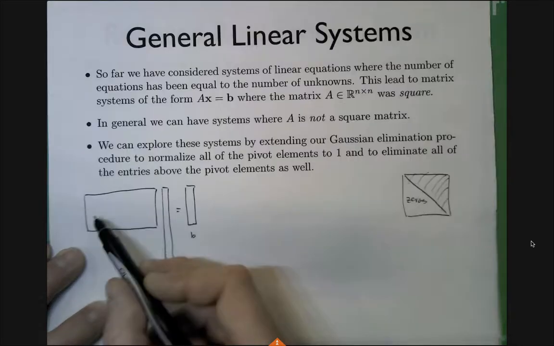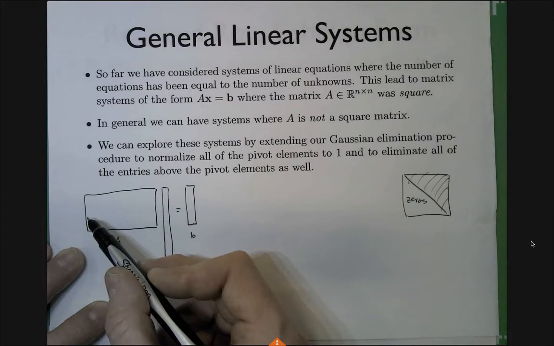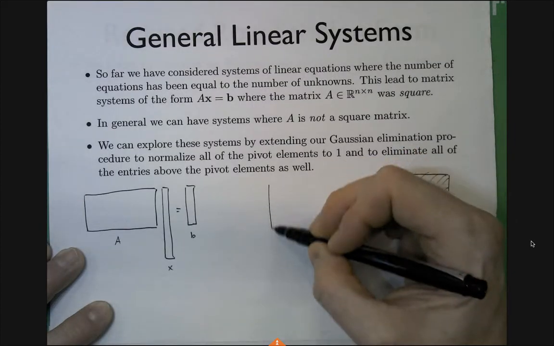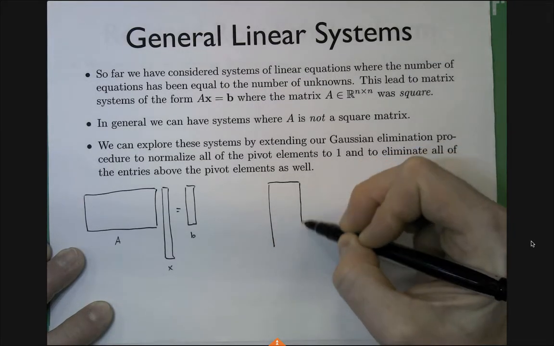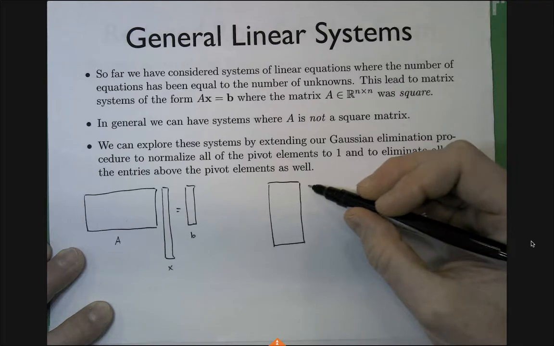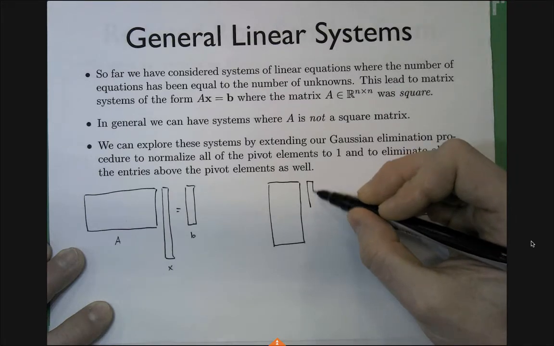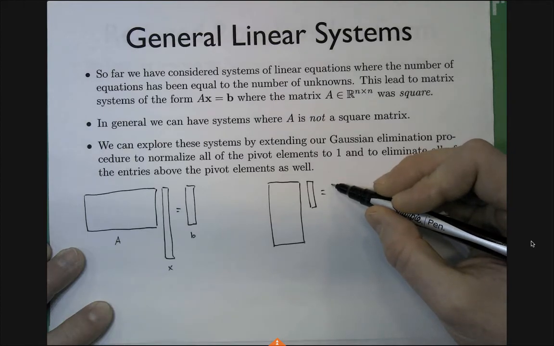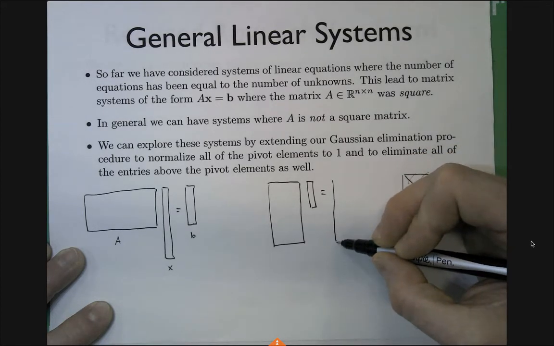This is the case where the matrix has more columns than rows. And there's also the tall and skinny matrix case, which looks something like this. In this case, we have too many equations and not enough variables. I just want to get the dimensions right.